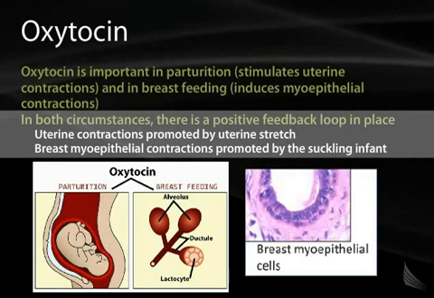Besides that, it is also involved in the contraction of the myoepithelial cells in the breast, and is important during the suckling response of the infant. But the important point to remember about oxytocin is that it is a hormone that's involved with, again, a positive feedback loop in both these situations.